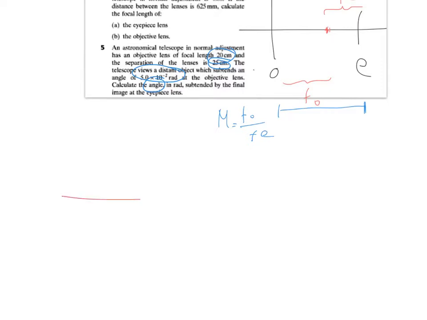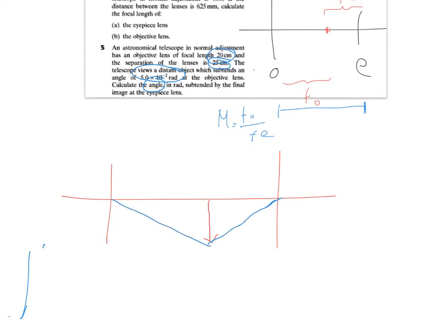So if we have our lens diagram here and your image here, well, our final image, remember, ends up somewhere at infinity, but we use this as a place to find the angle, because as you remember from what you derived, your angle subtended by the object can be seen, and your angle subtended by the image can be seen here.